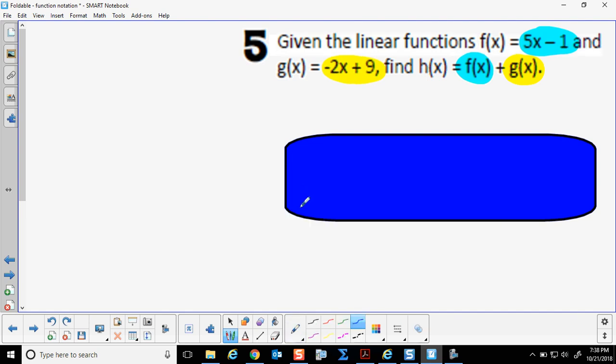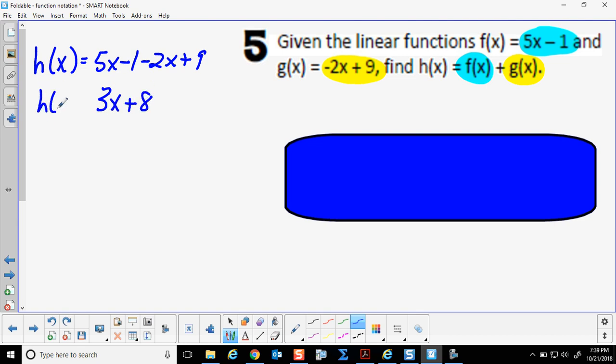So we just have to combine the functions. We're just adding them. So h of x is equal to 5x minus 1 minus 2x plus 9. So we're just combining like terms. 3x plus 8. H of x is equal to 3x plus 8.